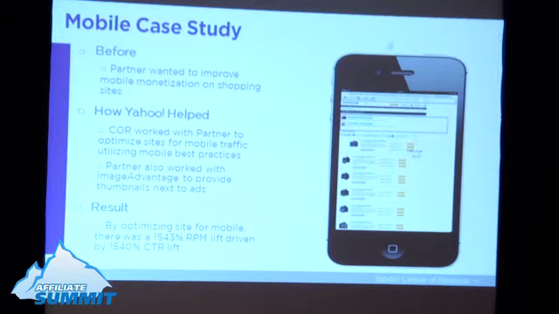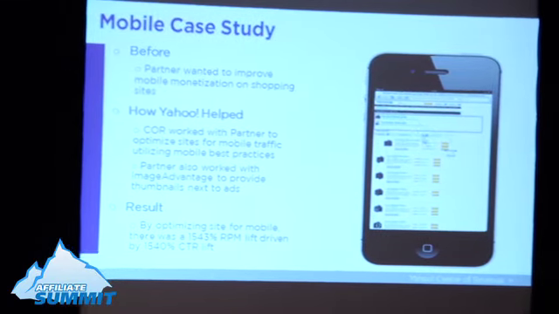Before, they would still show 2 ads in the north and the results below. The page was not optimized for smartphone traffic, like Androids and iPhones. So we worked with the partner to optimize for mobile traffic, using a lot of the best practices that we recommend. The partner also was working with a third-party provider to provide these images next to the ads. They're bigger than the fav icons, but it would be an image from an advertiser site.